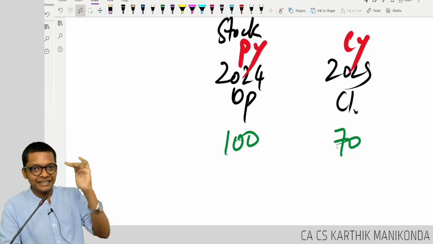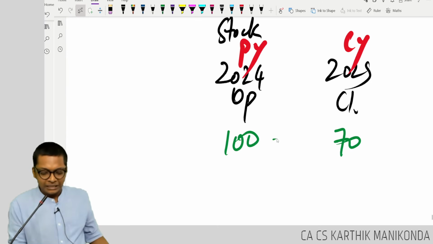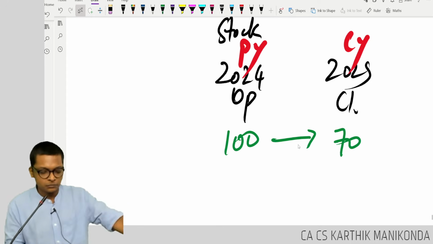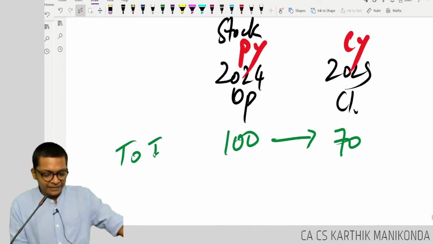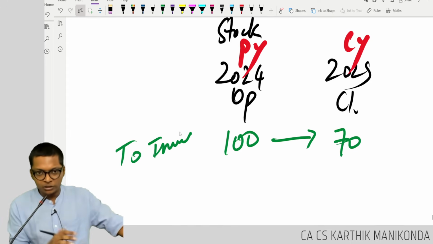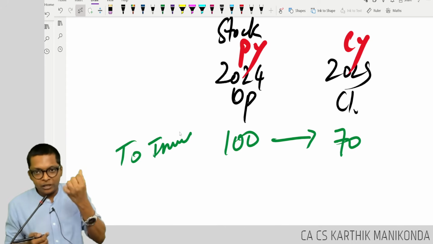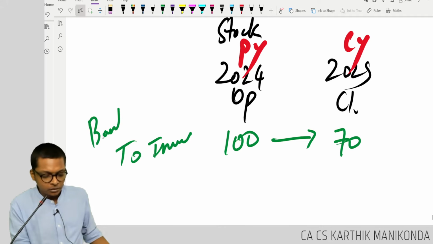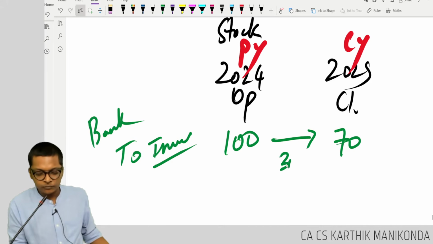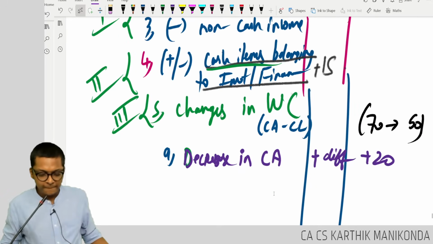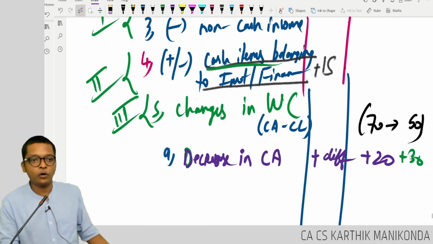Stock has increased or reduced? Reduced. Stock has reduced means what will be the entry? To inventory. Stock is reduced means how is it reducing? Sales. So I got cash. So I will write bank to inventory. How much? 30. So I will write here plus 30. Are you following, guys?